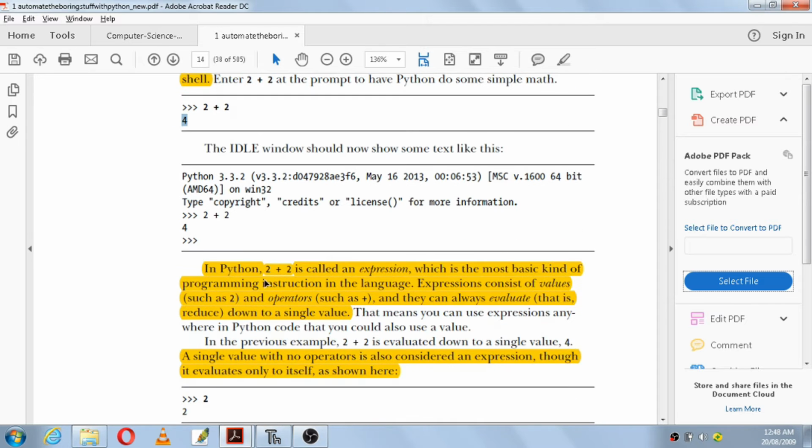It is the most basic kind of programming instruction in the language. The expression consists of values such as 2 and operators such as plus. Here 2 and 2 are the values and plus is an operator, and they can always evaluate down to a single value.